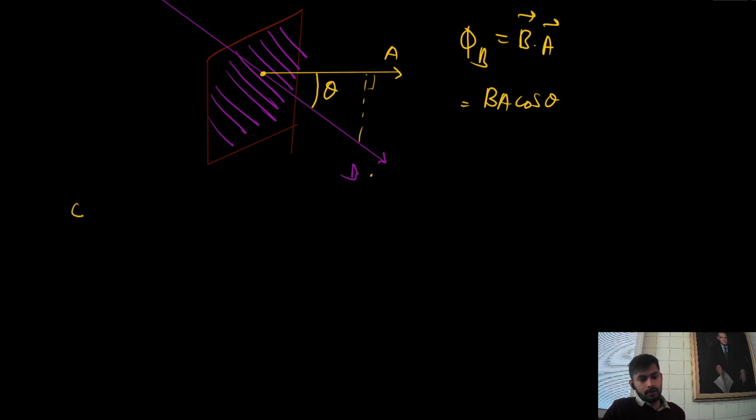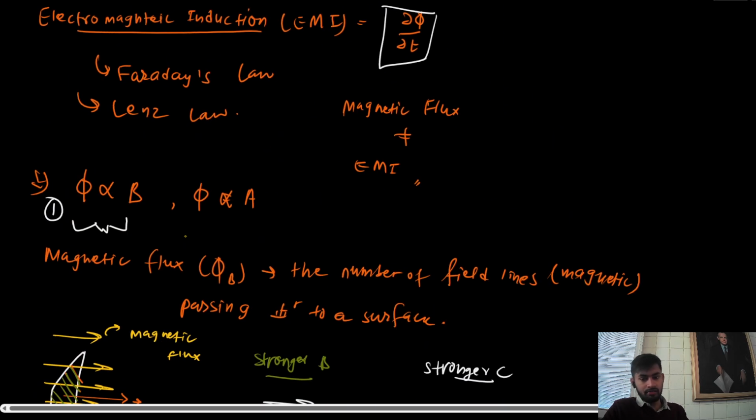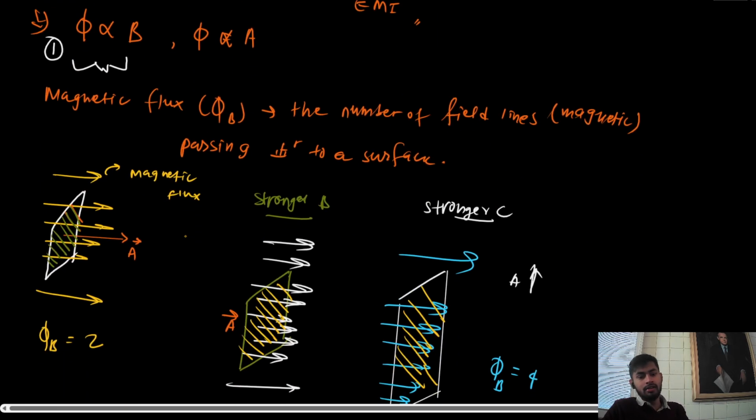Right. Then phi B is equal to B dot A, which is the magnetic field. Again, by definition, the number of magnetic field lines passing perpendicular to a surface is the magnetic flux.